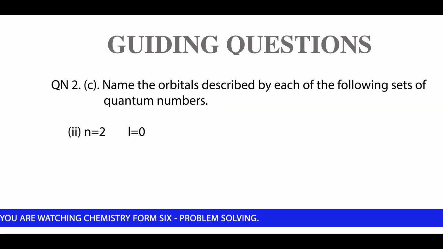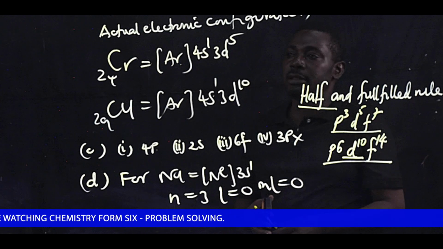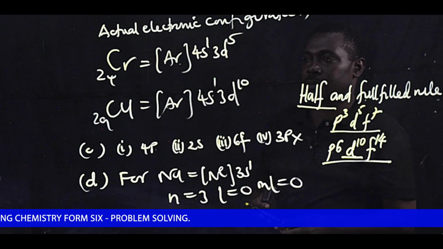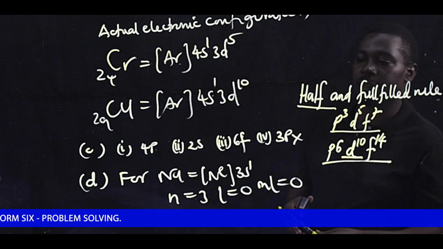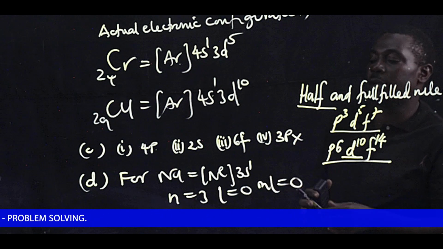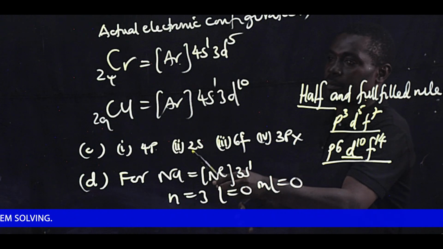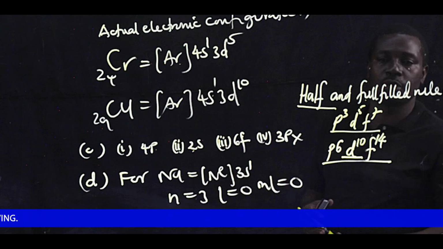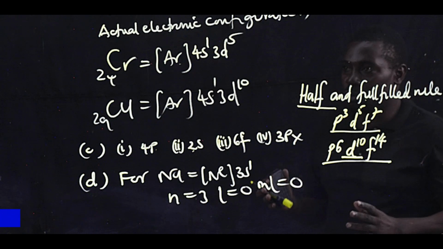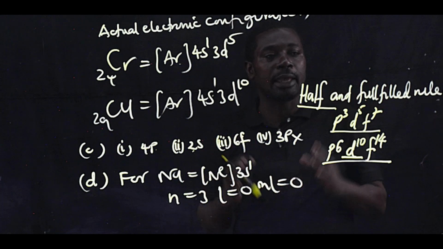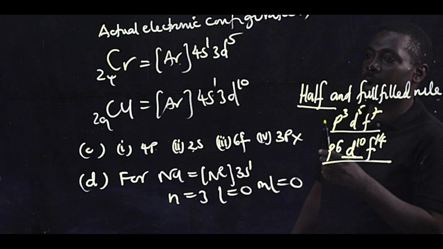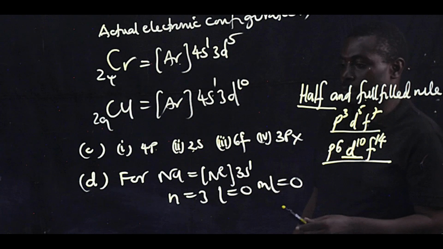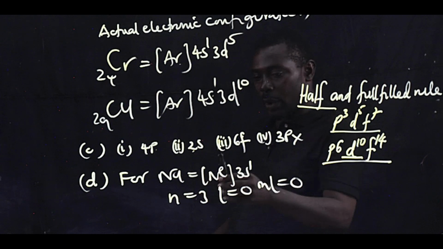Roman 2, n is equal to 2, l is equal to 0. Which orbital is described by these two quantum numbers? n is equal to 2 describes shell number 2, and l is equal to 0, I think you know, specifies the s orbital. So the orbital described by n equal to 2, l equal to 0 is 2s.